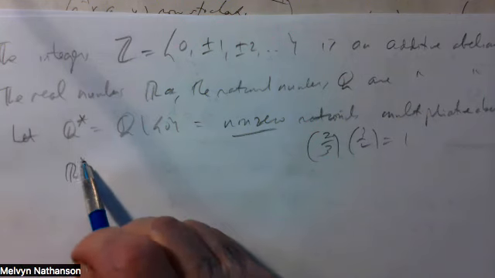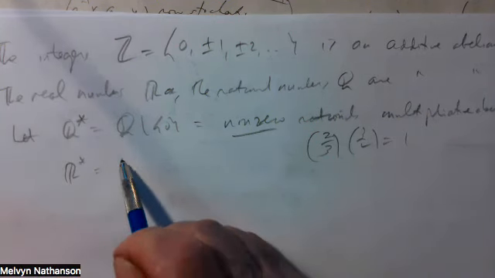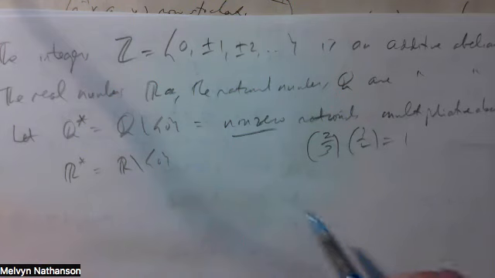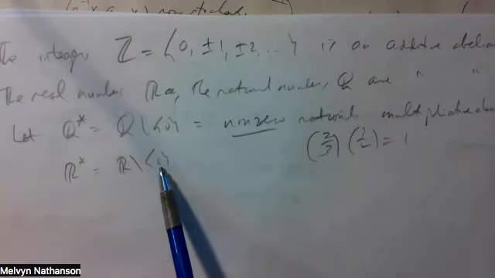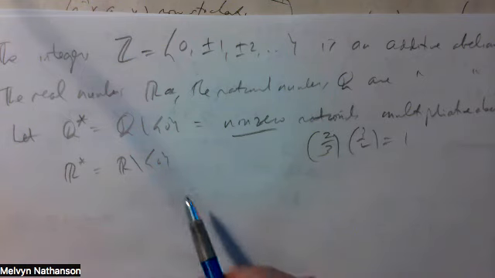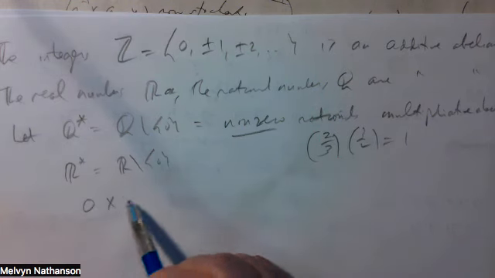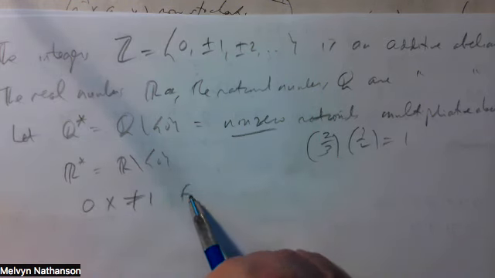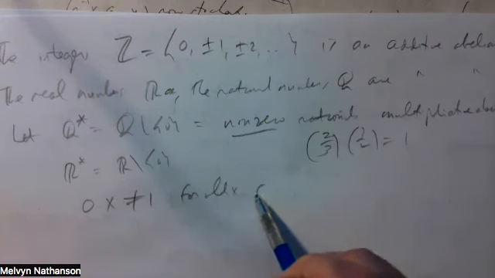And also, if I take the non-zero real numbers, this is also a multiplicative group. You have to throw out 0 because 0 doesn't have an inverse. 0 times any number x is never equal to 1 for all x.